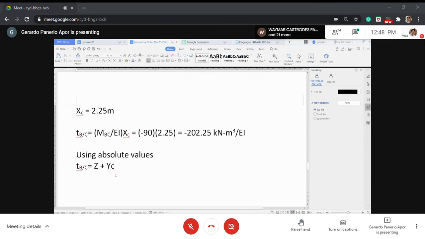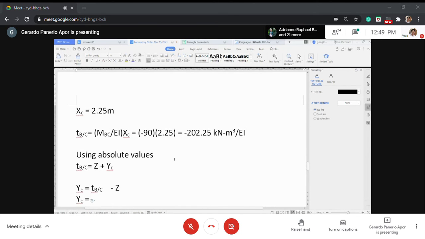And then YC is equal to, finish siya, TBC minus Z. Okay, and this one is a subscript. And this one is a subscript also. So we have here YC. Sana to sa ubos.